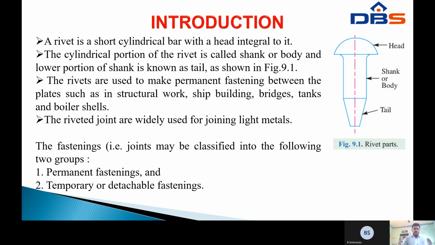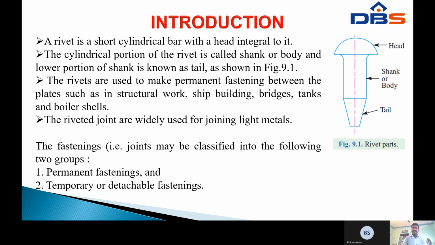Rivets are used to make permanent fastenings between plates, such as in structural work, shipbuilding, bridges, tanks, and boiler shells. A permanent joint is called a riveted joint.